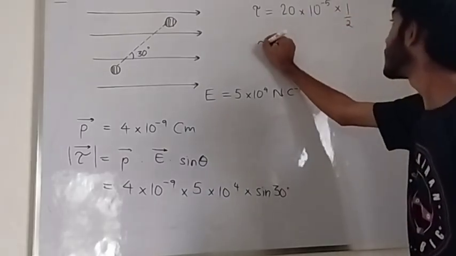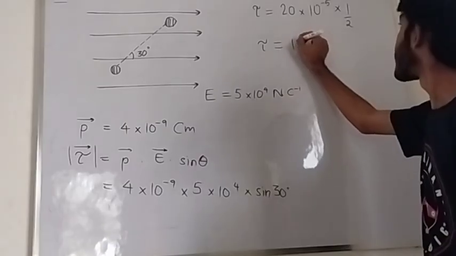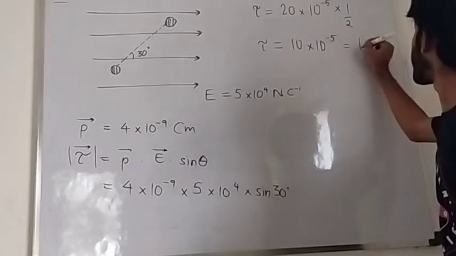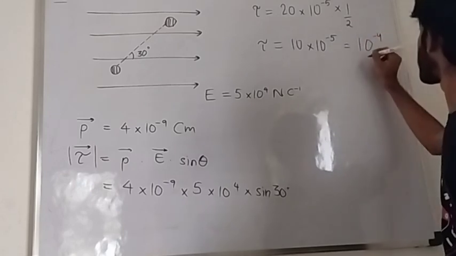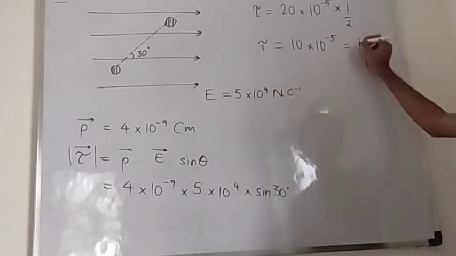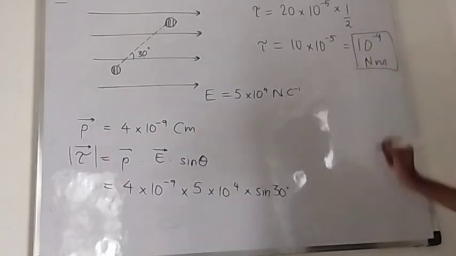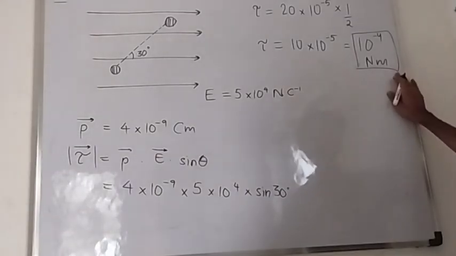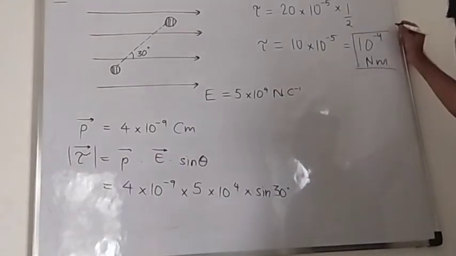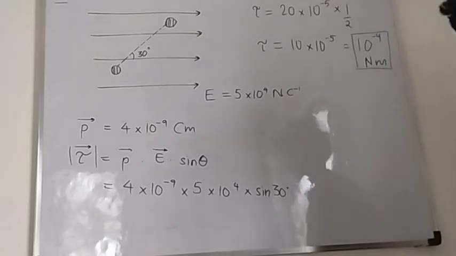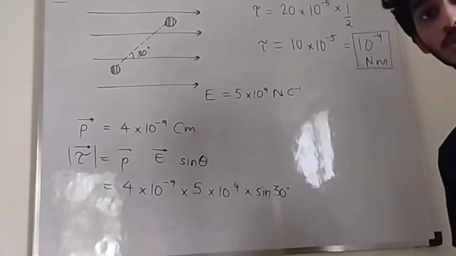So this will be equal to 10 into 10 to the power of minus 5, or 10 to the power of minus 4. And since this is tau, it will be in Newton meters. Yeah, it is visible here. So the final answer for torque is 10 to the power minus 4 Newton meters. Now we'll move on to the 11th question.